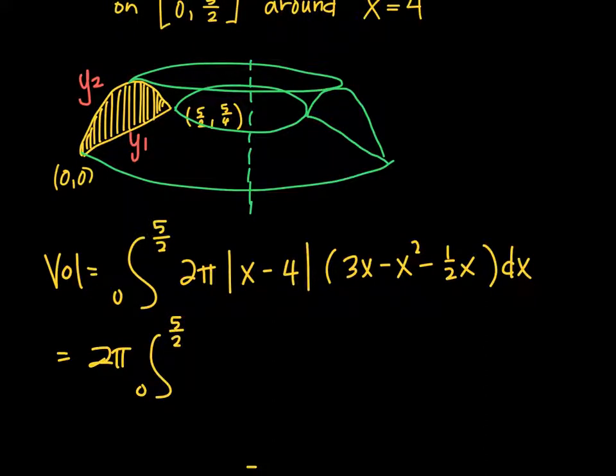All right, we need to look at the absolute values. Is it good the way it is, or does it need to be changed? Needs to be changed, because any number within that interval would cause the absolute value to be negative, so I need to look at 4 minus x. And then in the interior, when I subtract, I'm going to get 5 halves x minus x squared.